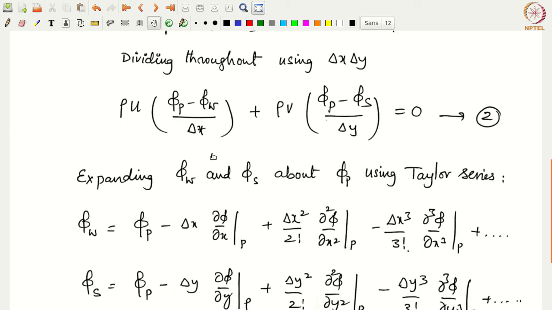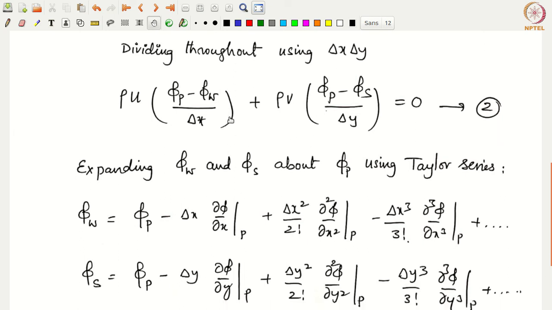Now in order to construct a modified equation, we have to rewrite this equation by expanding some of these phi values using Taylor series expansion. In this we see we have three quantities, phi P, phi W and phi S. So I'm going to expand phi W and phi south about phi P using Taylor series expansion.